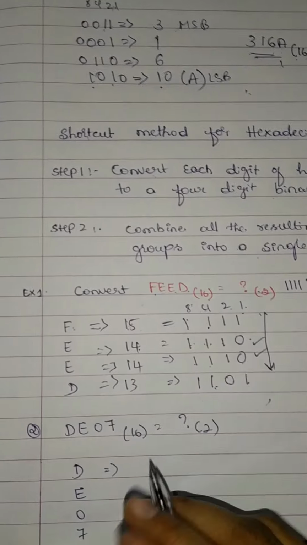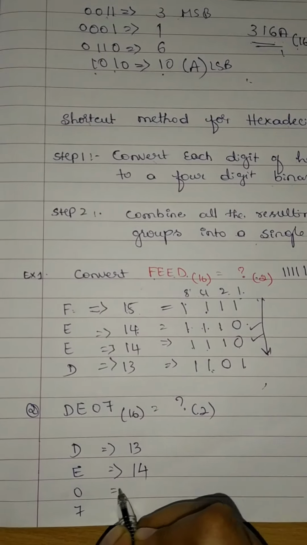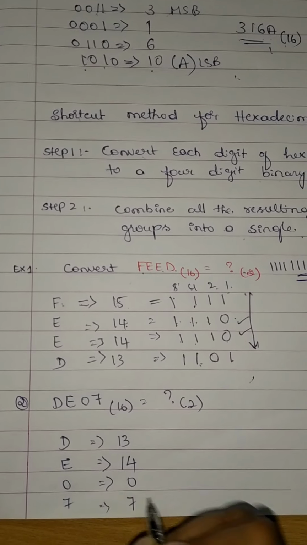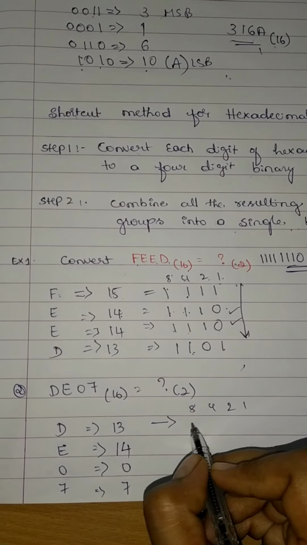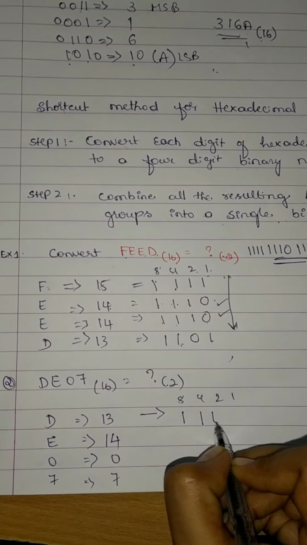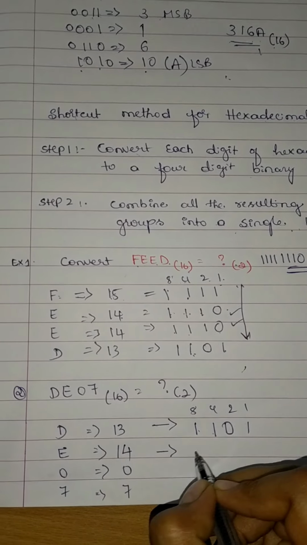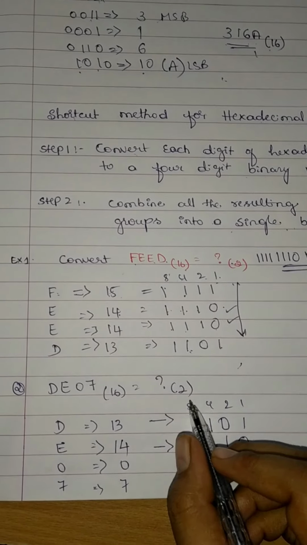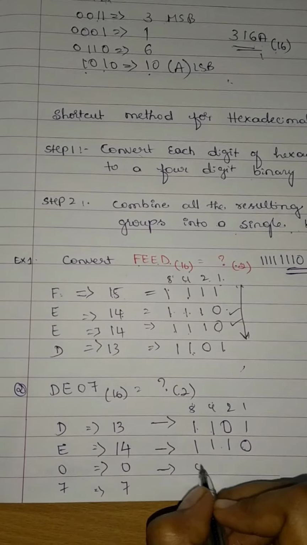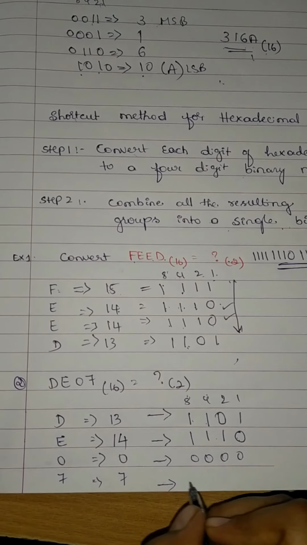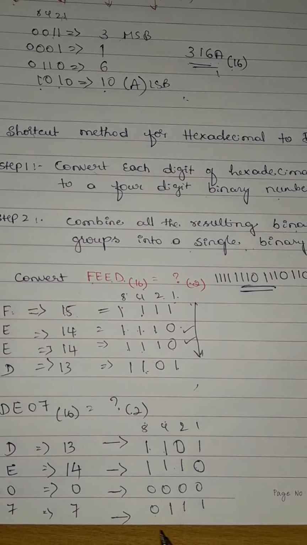The value of D is 13, then E is 14, and 0 and 7 as they are. The binary equivalent of 13 is 8 plus 4 plus 1, so 1101. For 14 we add 8 plus 4 is 12, 12 plus 2 is 14, then 1 will be 0, so 1110. For 0, four zeros. For 7 we get 111, preceded by 0, so 0111.